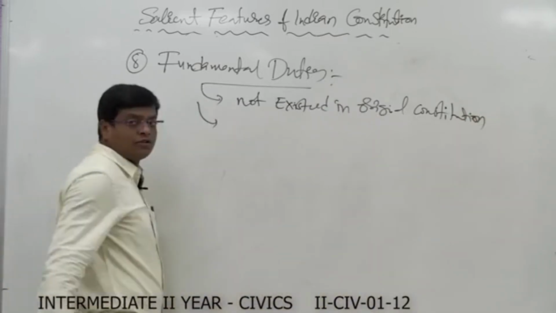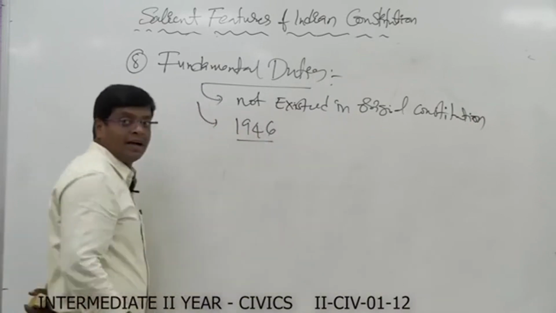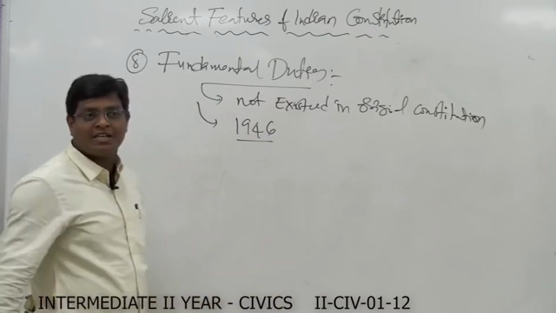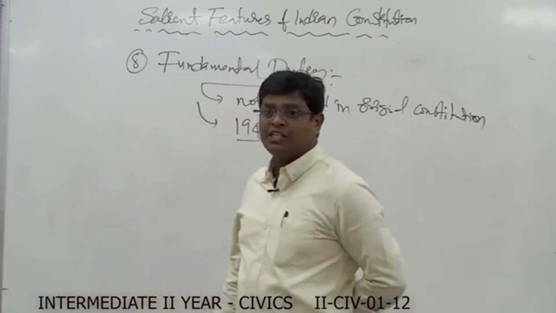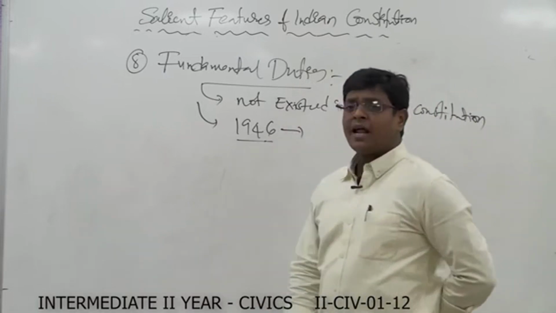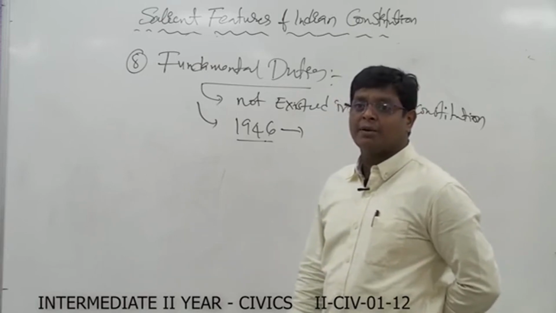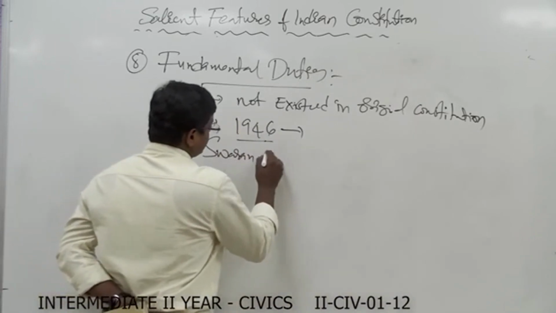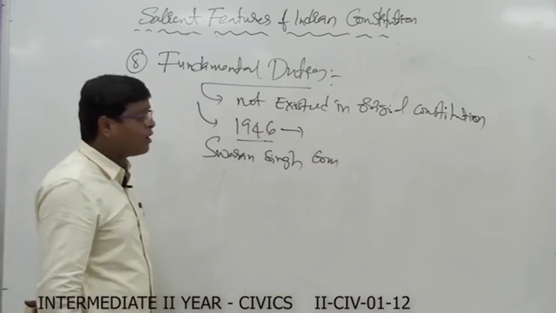When we added them to the Constitution of India in the year 1976, what happened in India at that time? There was an internal emergency. In 1975, the Indira Gandhi government proclaimed an internal emergency. At the time of the internal emergency, the Indira Gandhi government appointed one committee, the Swaran Singh committee. Which committee? The Swaran Singh committee, appointed by the Indira Gandhi government.